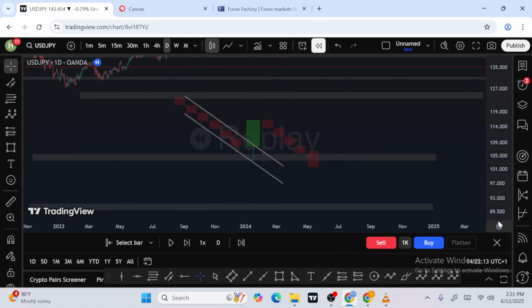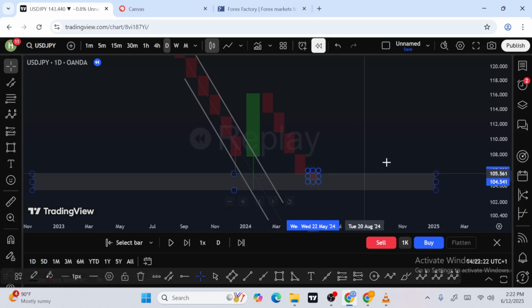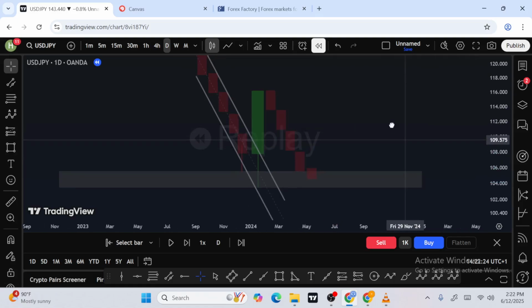But in a situation where the market does not close below this liquidity, are you seeing it now?